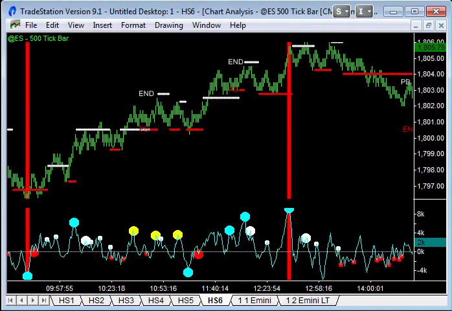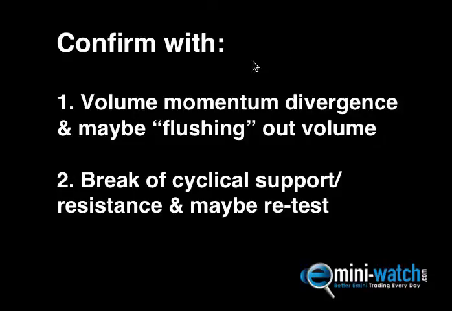So from my perspective, I'm looking at extremes in volume to mark that left shoulder as areas to be taking profits, and then waiting for confirmation of a change in trend by looking at breaks of support and resistance.